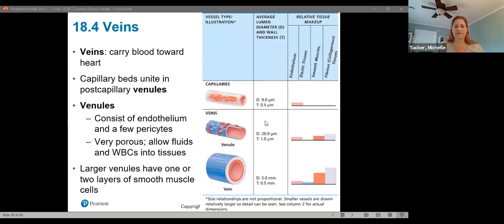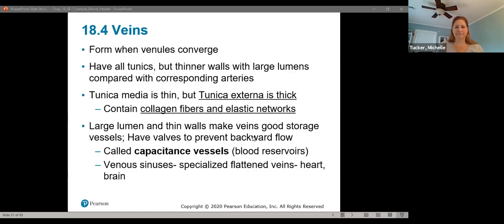Then we went on to veins, and we have capillaries drain into venules, which are these smaller, thin-walled vessels. They are stabilized by these pericytes, these smooth muscle-like cells, and venules give way to veins.